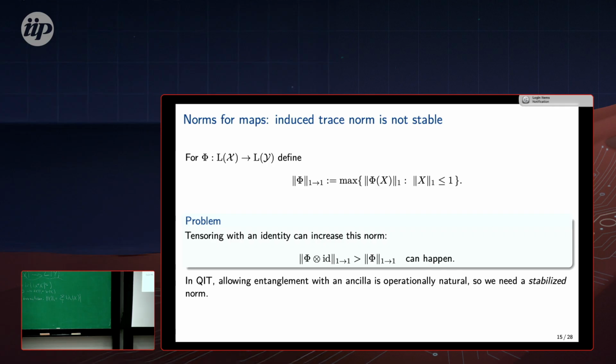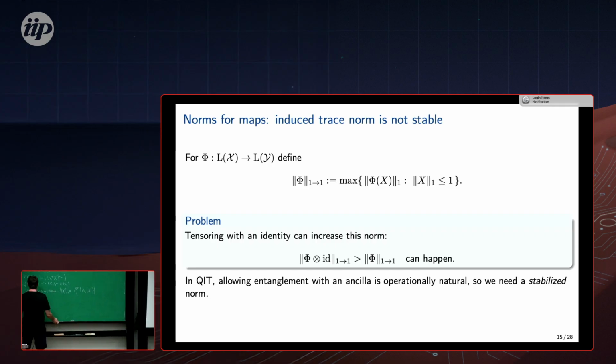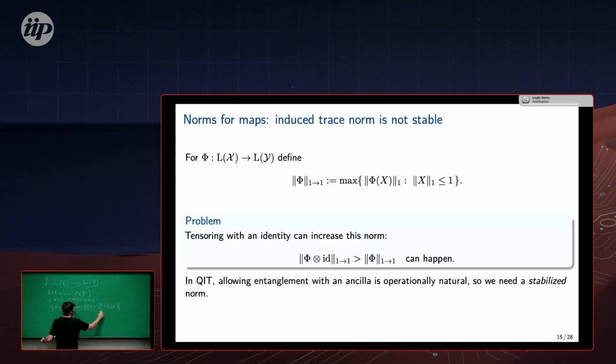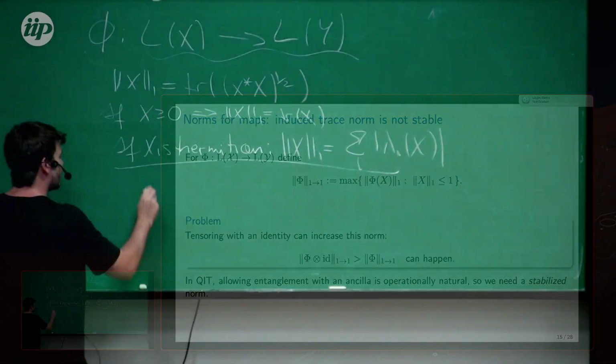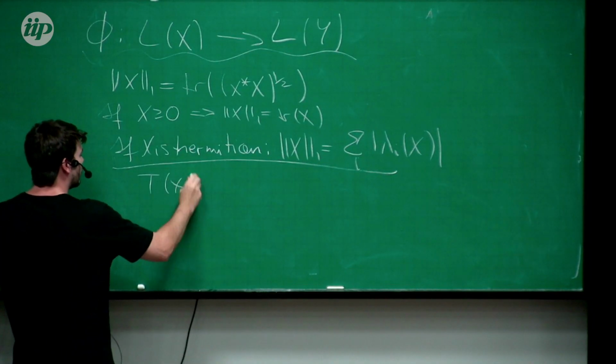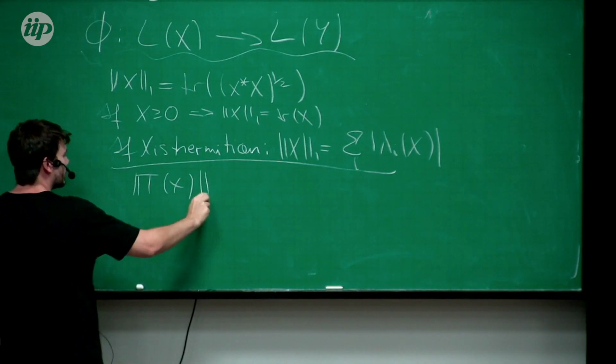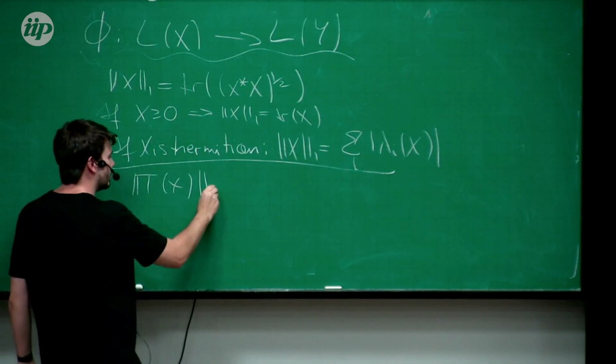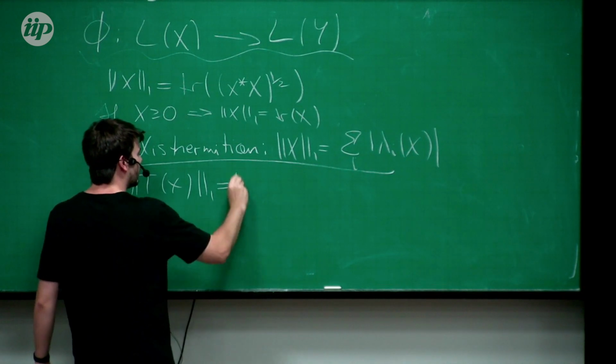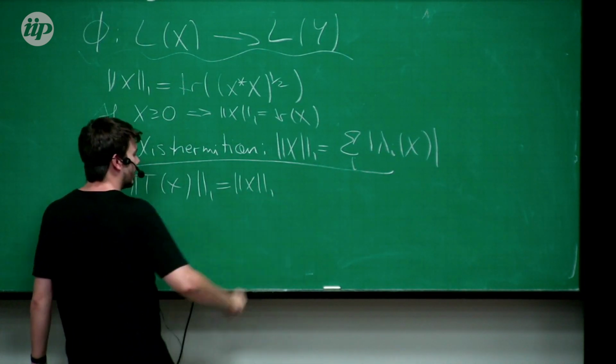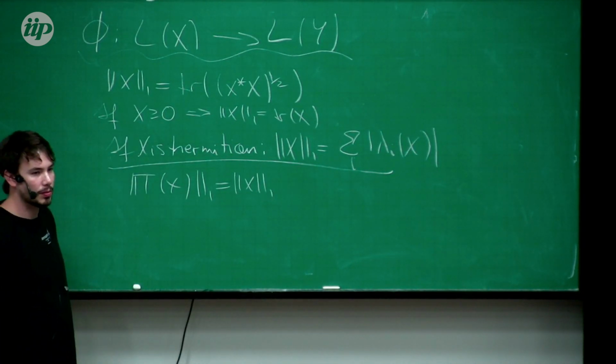So if we do the one norm of the transpose of X, this will be the norm of X again, so it will preserve that norm.